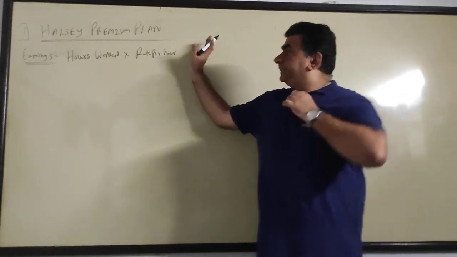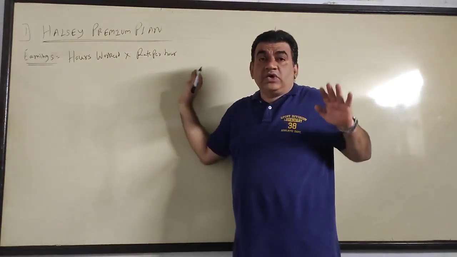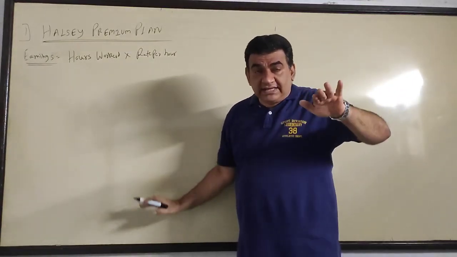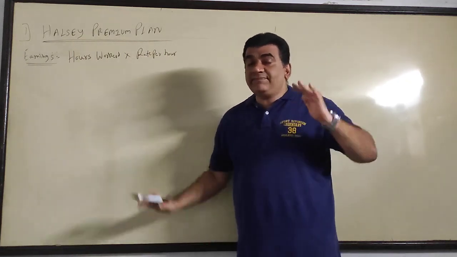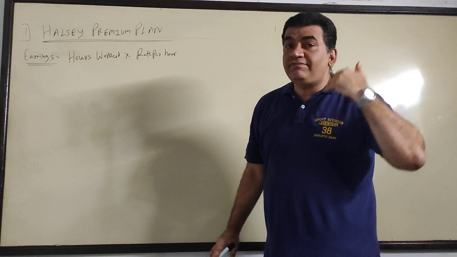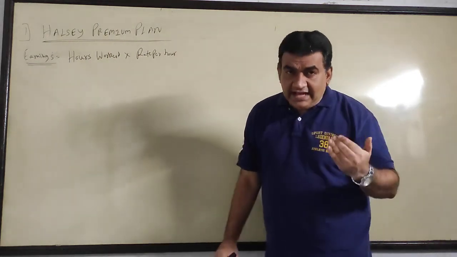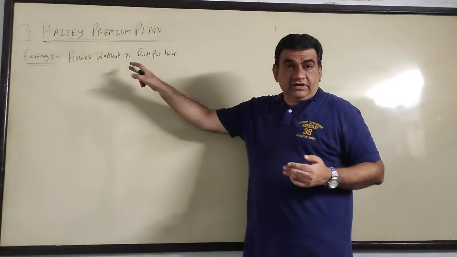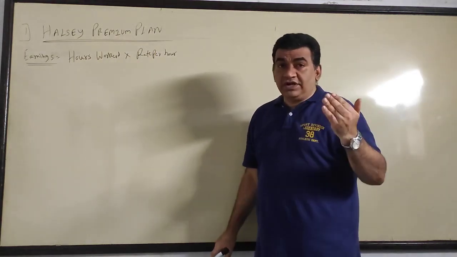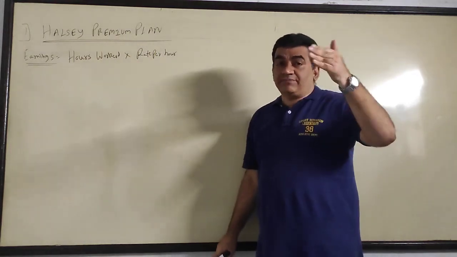Now listen, this is what you are going to give him normally. Now what I told you in the beginning, this is a part of a bonus or incentive plan where you are encouraging the worker to produce more by giving him extra bonus.